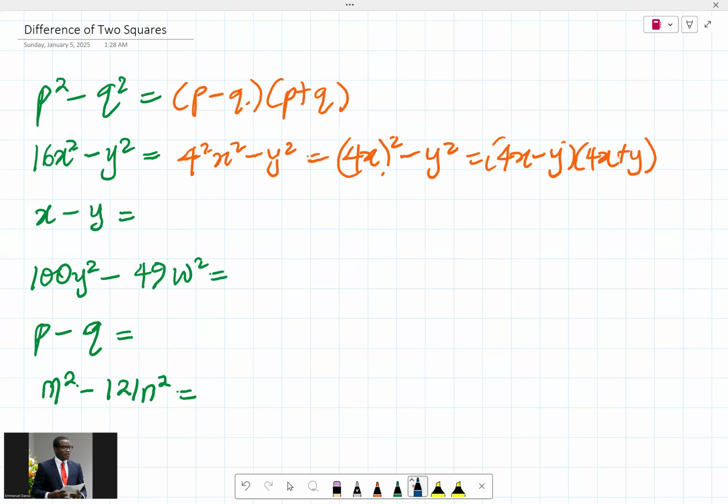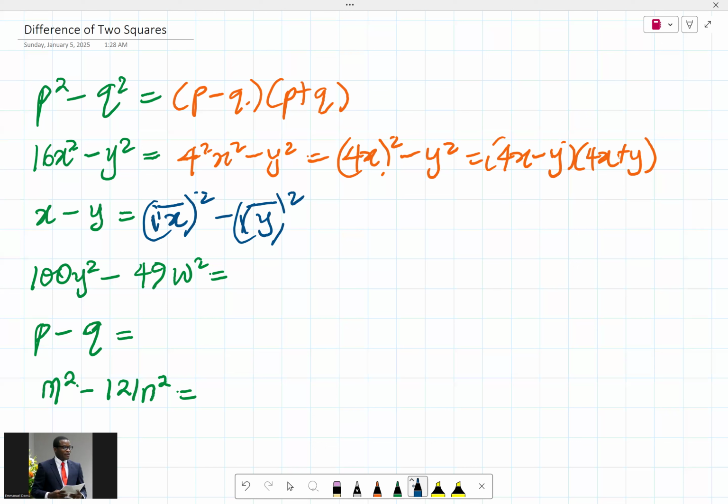So the next one, you have x minus y. Now, what is this, a trap or something? Well, if we assume that each of x and y is a perfect square, then we can look at it like, okay, square root of x squared is actually x, just like square root of y squared is also y.